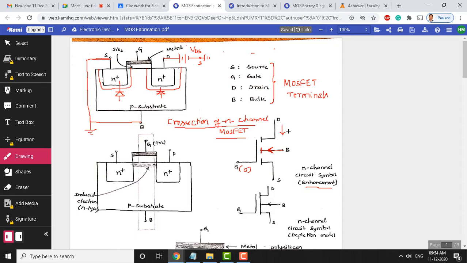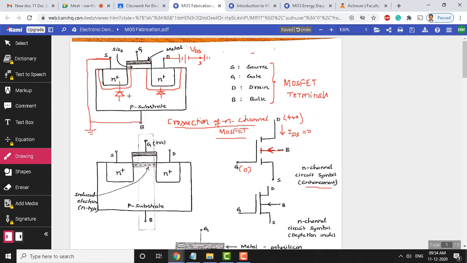So, the IDS will be 0 even if you apply the drain with positive voltage. In the depletion mode it is a little different. There we will apply negative voltage to the gate and see what happens. But here let us analyze the positive voltage at the gate.